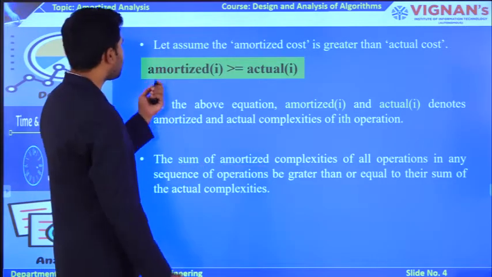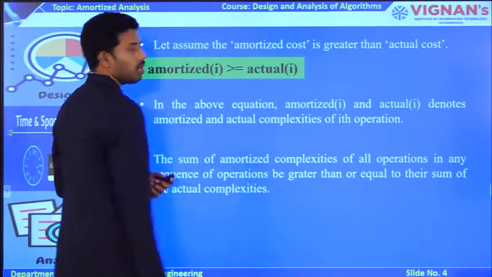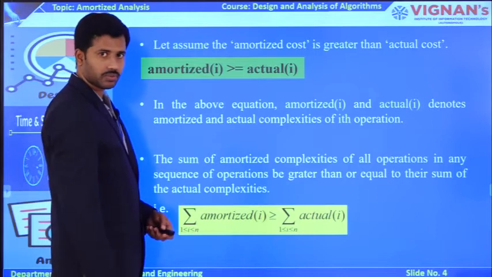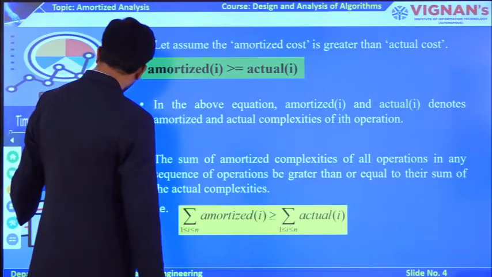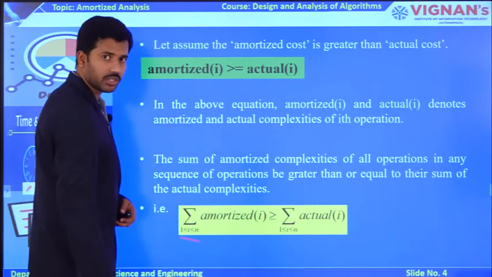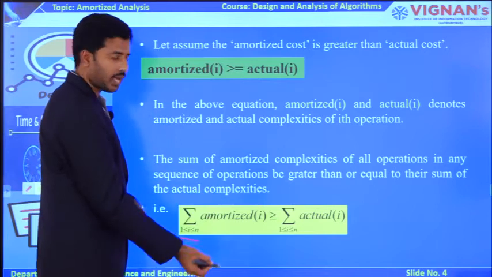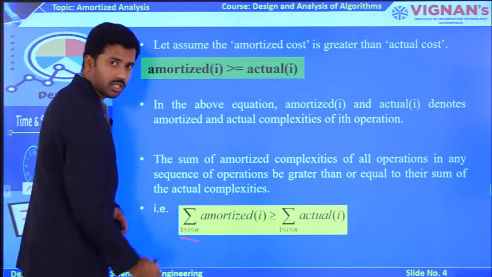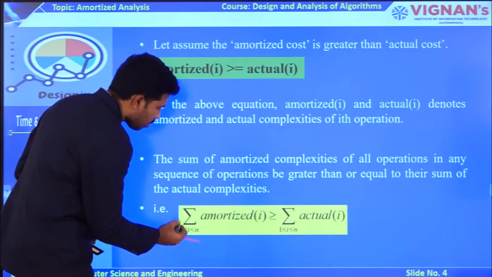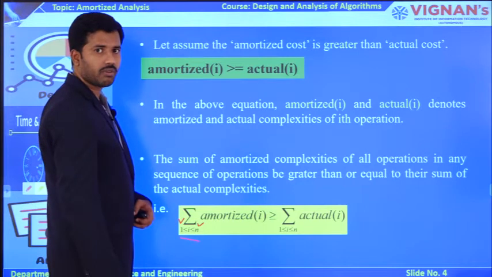So if I apply sigma on amortized of I as well as actual of I, my mathematical equation is going to look like this. Your algorithm has N number of instructions, so sigma runs from 1 less than or equal to I less than or equal to N, where I defines the ith operation. The algorithm has 1 to N operations.